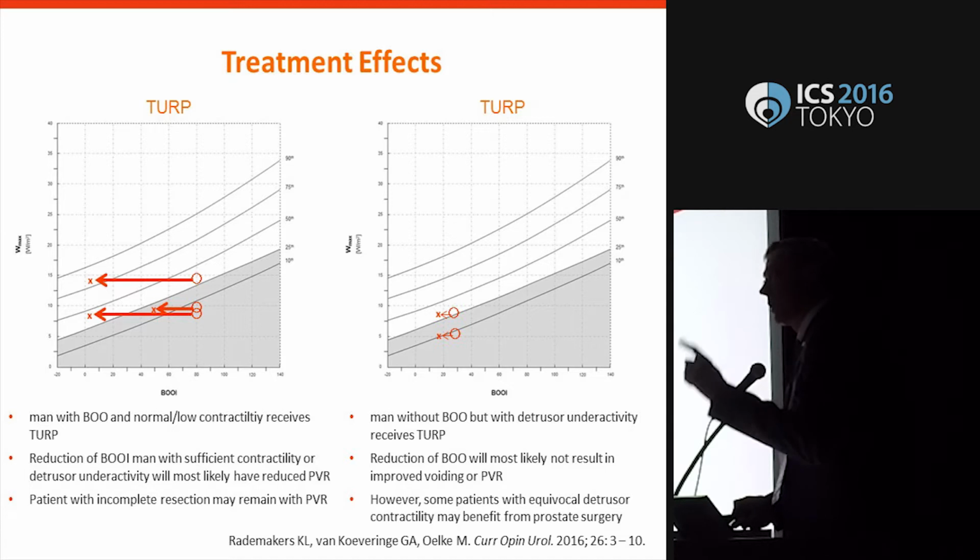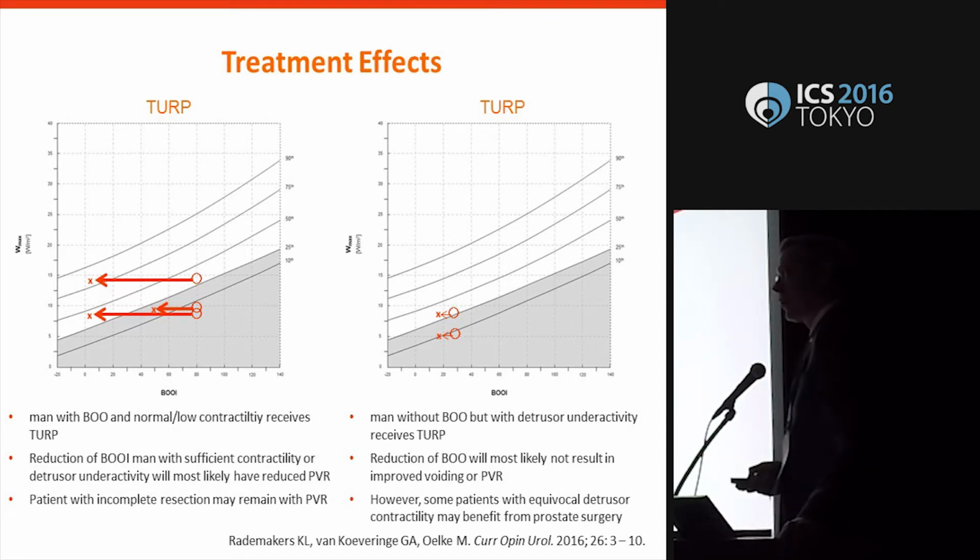But what's happening if a resident is now resecting and he cannot do the operation well, and he's resecting incompletely? If you're not resecting well, you remain with a bladder outlet obstruction, and the patient will stay symptomatic, will stay with his post-void residual urine. So this is the theoretical basis of what's going to happen.